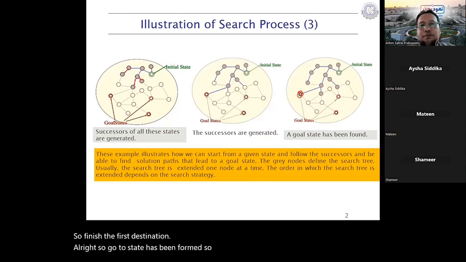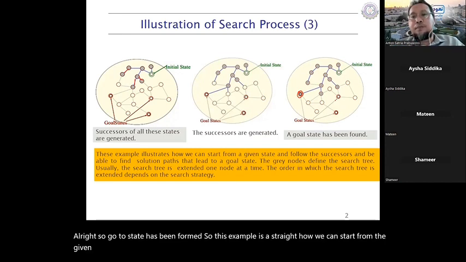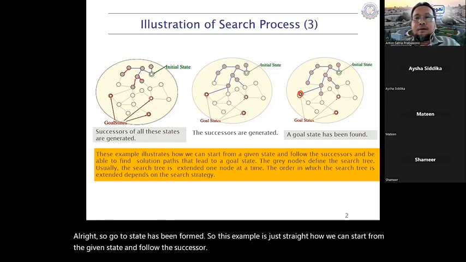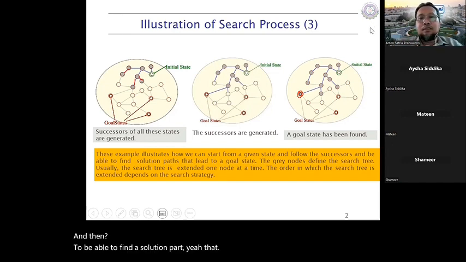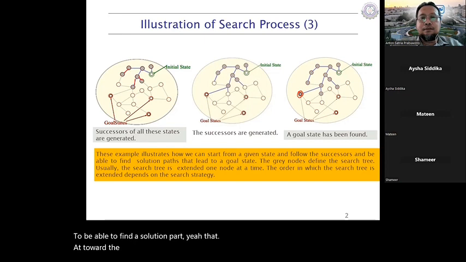So this example illustrates how we can start from a given state and follow the successors to find the solution path toward the goal state. We can see the gray nodes here define the search tree.